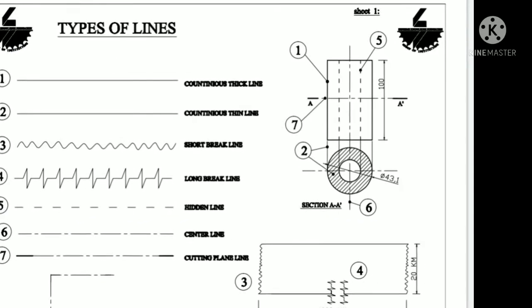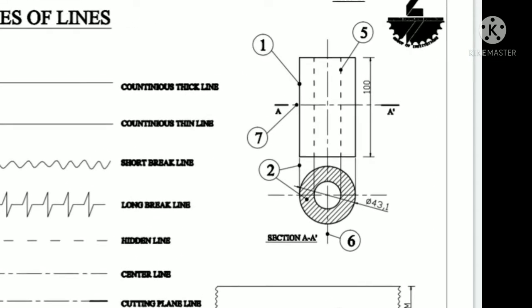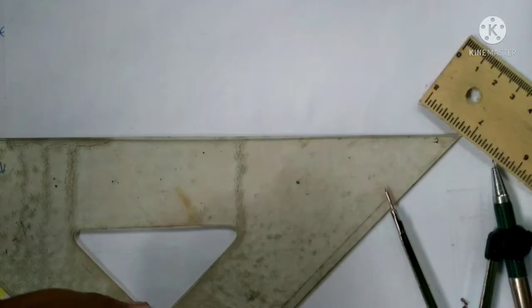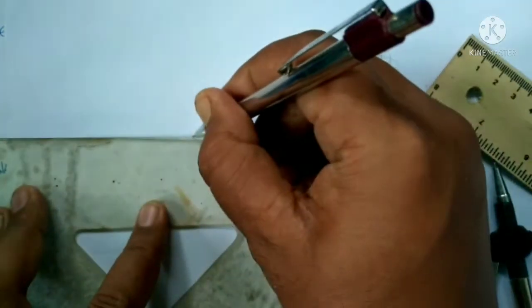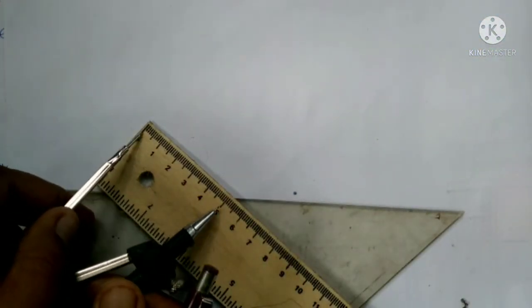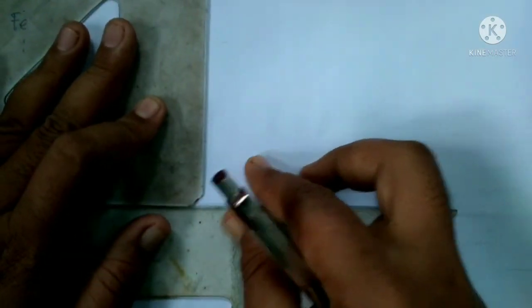Now we will draw a hollow cylindrical pipe by applying different types of lines. By applying light pressure, we will draw thin construction lines at first. We will take measurements from the scale by using a compass for perfection.